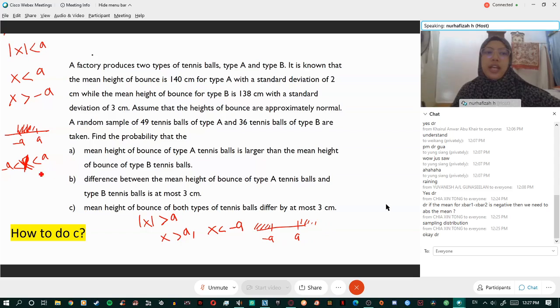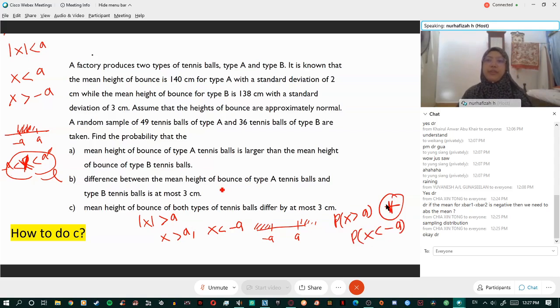So you cannot do it like this. This is wrong, because most of my students made this mistake, so I did not give them marks even though their answer was correct. What you need to do is P(X more than a) plus P(X less than negative a). So please be careful on this as well.